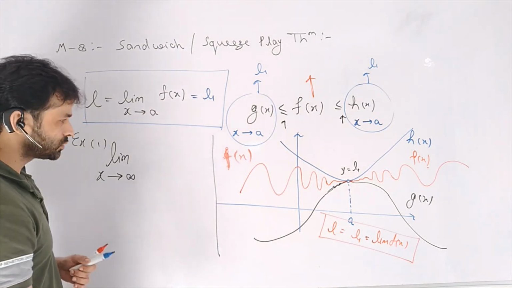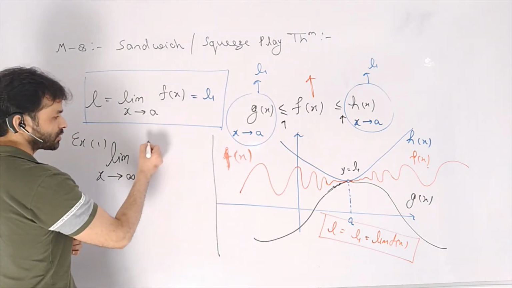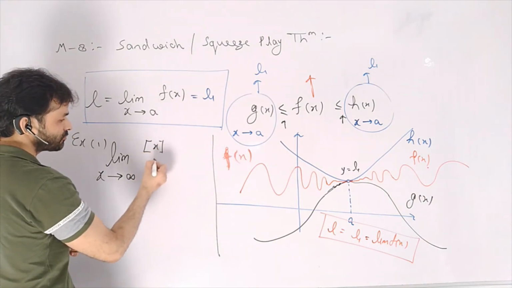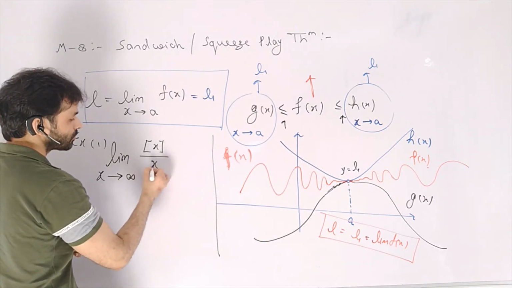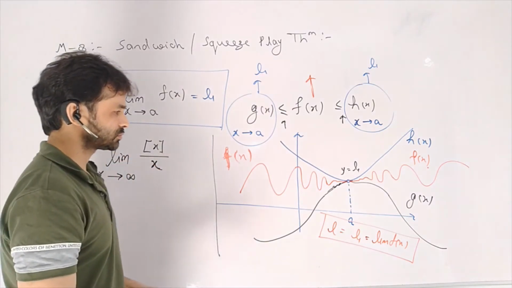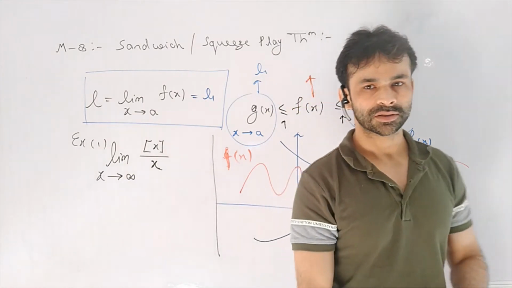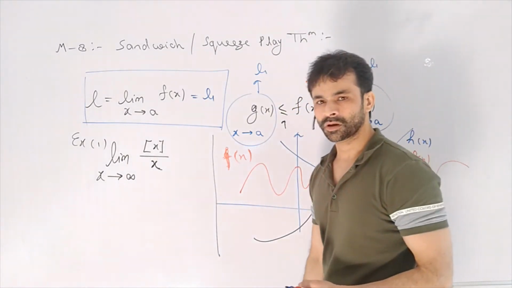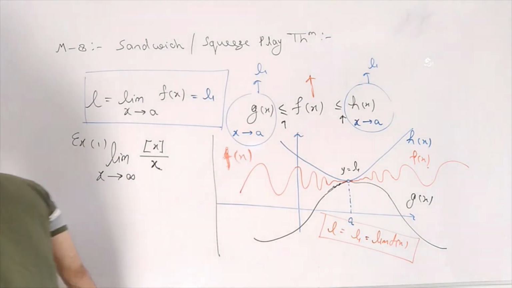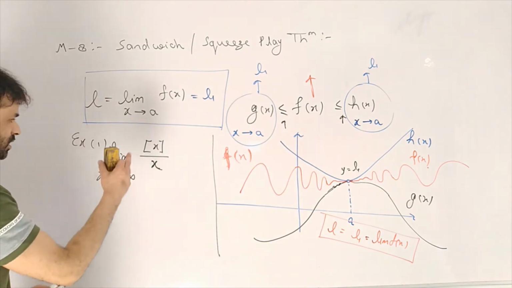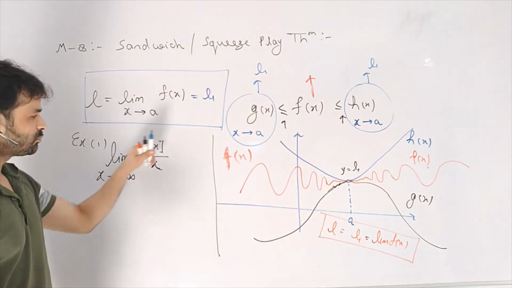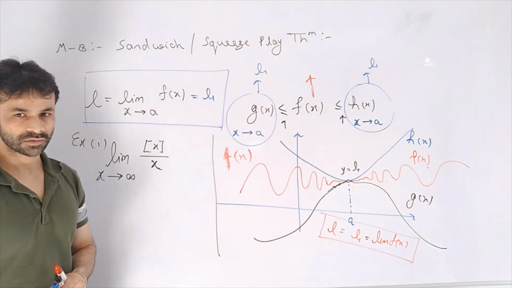The other clue is that more than 90% of the time, there will be a greatest integer function. Like this, you have to solve this limit, let's say. Right now we cannot solve this limit because we cannot remove this greatest integer function.